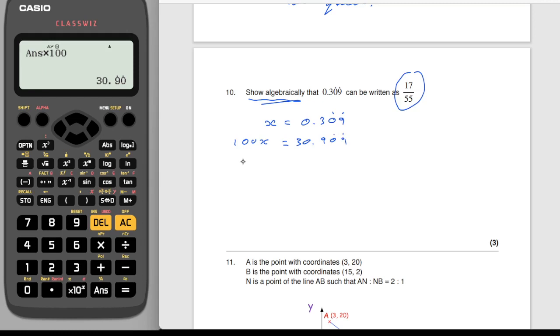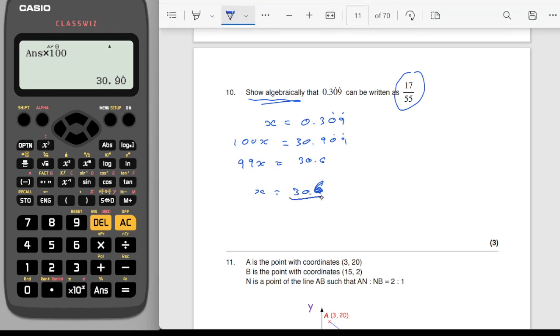I'm then going to subtract one from the other, so I'm going to say that 99x is going to be equal to 30.9 take away 0.3, which is 30.6. Then I'm going to say that x is going to be equal to 30.6 over 99.